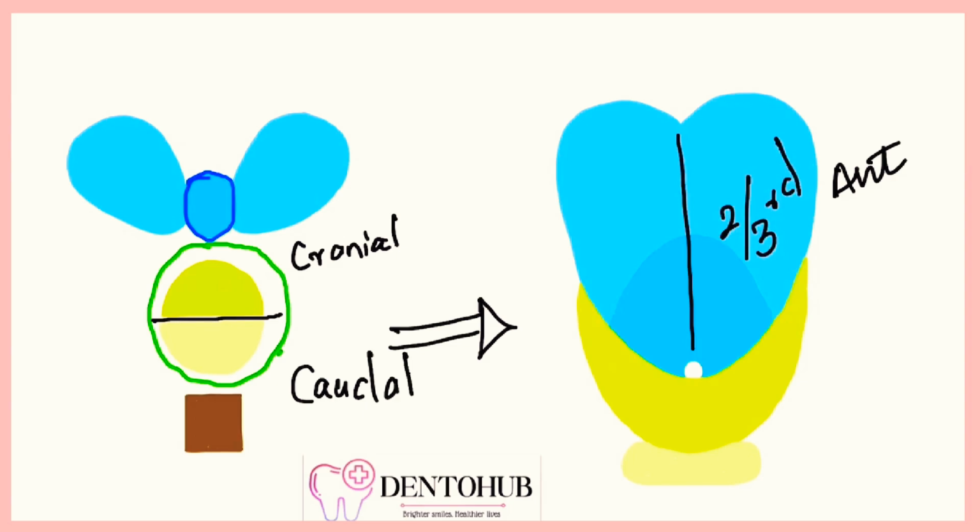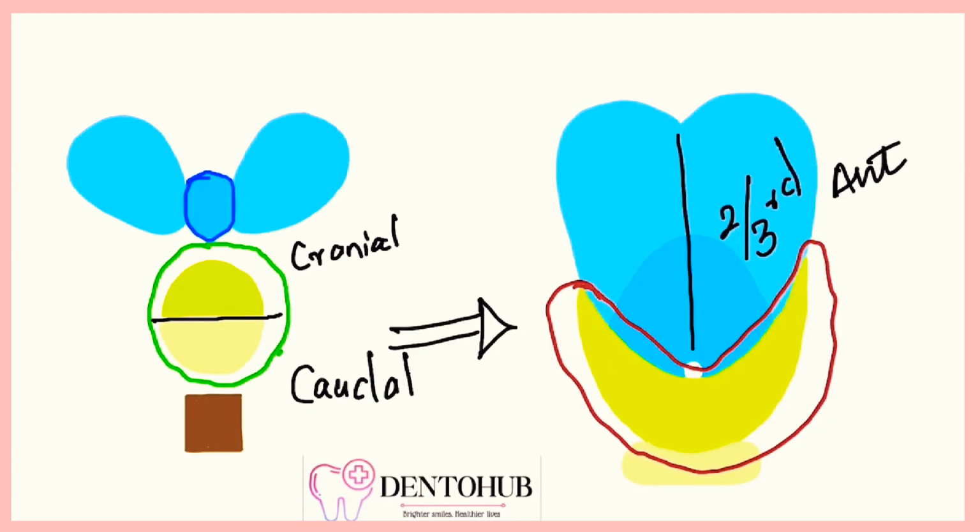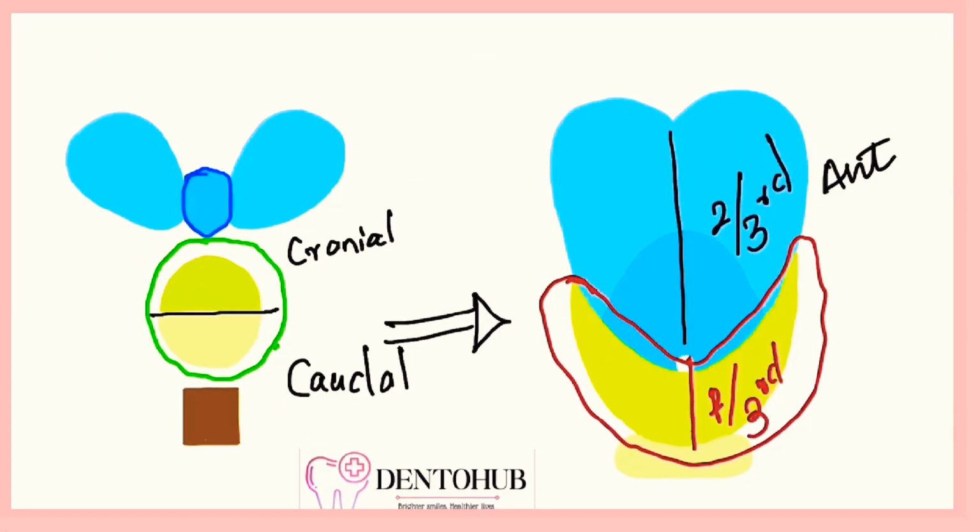So basically, the hypobranchial eminence gives rise to the root of the tongue. Now, what is the root of the tongue? This is the root of the tongue. The root of the tongue, the posterior third, is formed from the second, third and fourth arches, and the anterior two-third is formed from the first branchial arch.